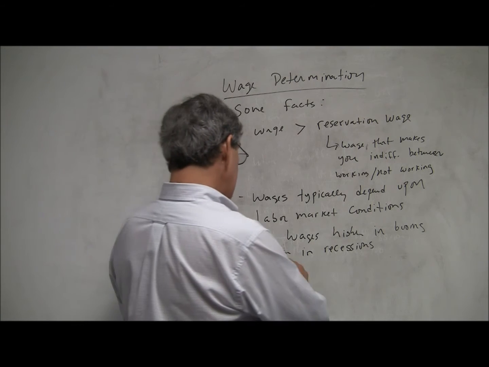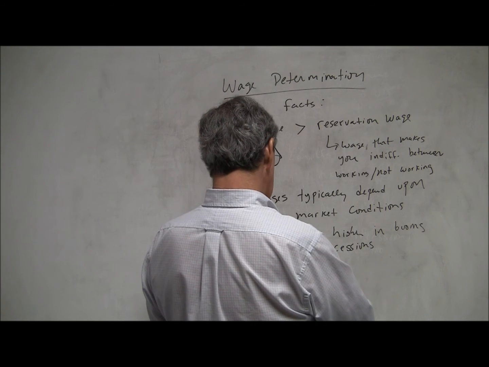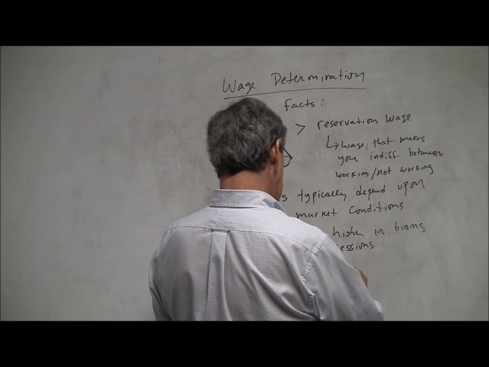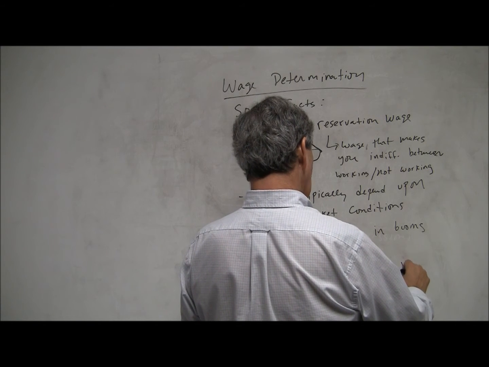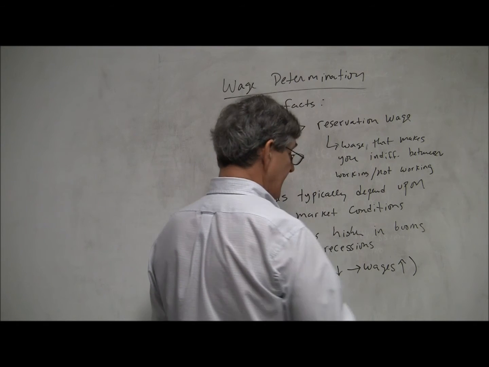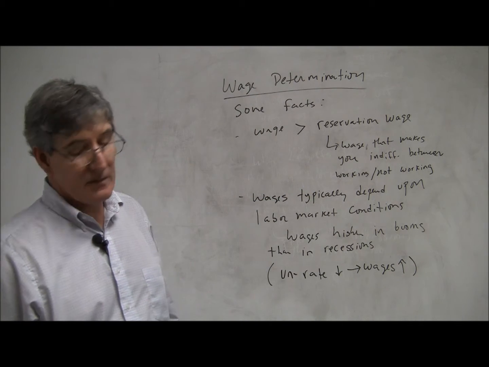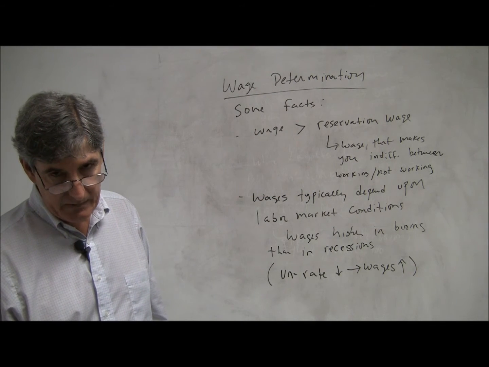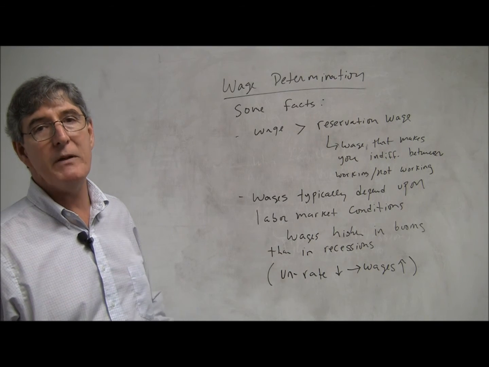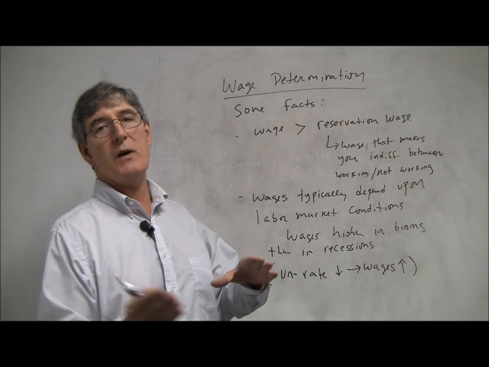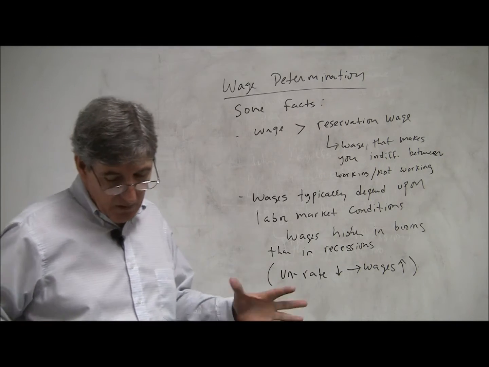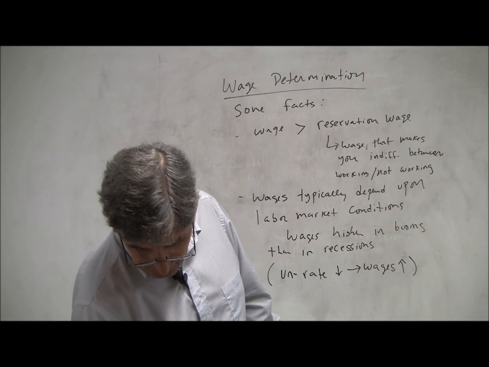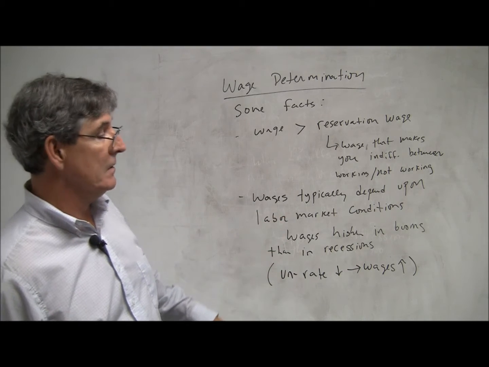And so, in essence, when the unemployment rate goes down, we tend to see wages going up. Though as we recover from the Great Recession and the unemployment rate's been falling, wages have not been rising. So there may be a threshold effect that we have to cross before this takes hold. But for the most part, that's true.